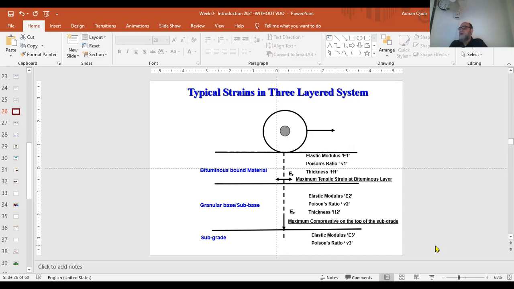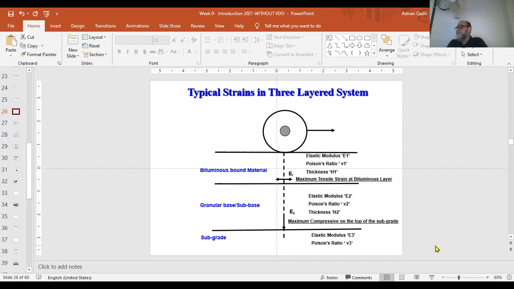Fatigue is always measured at the bottom of the asphaltic layer. If you can recall the section of the flexible pavement, the first two layers are of an asphaltic course, and the other two layers of an unbound aggregate, or maybe bounded aggregate or cement-treated base.